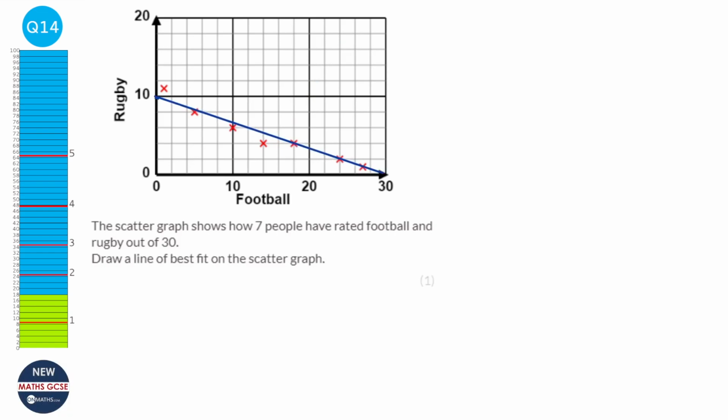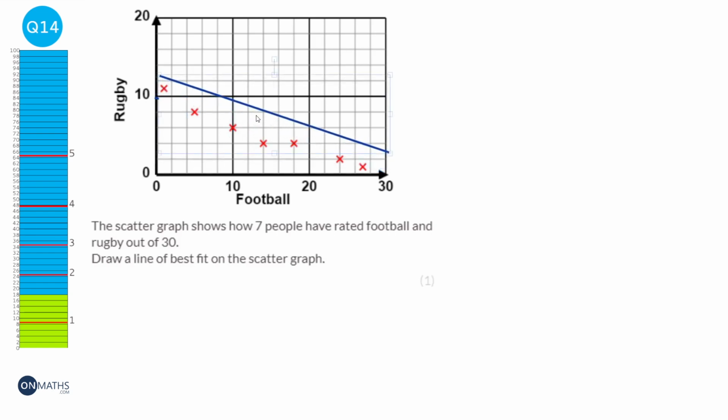Now you might notice that sometimes, like say if I draw that, we've got 1, 2, 2 below, maybe this one as well, 3 below, and then 1 on top. Don't worry too much if there's not a completely equal amount on top or below.